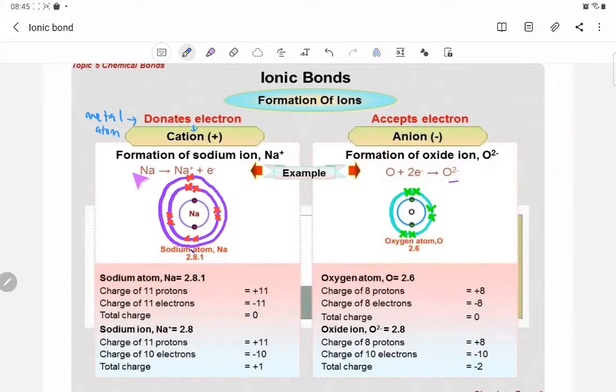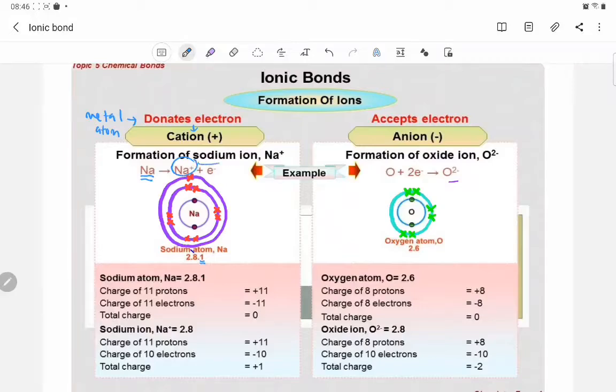So let's see the example, formation of sodium ion. Sodium atom will donate one electron, since sodium atom has one valence electron, so it has a tendency to donate the electron, and then it will form the sodium ion.